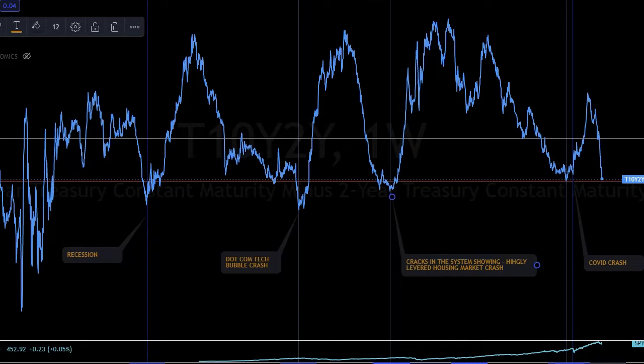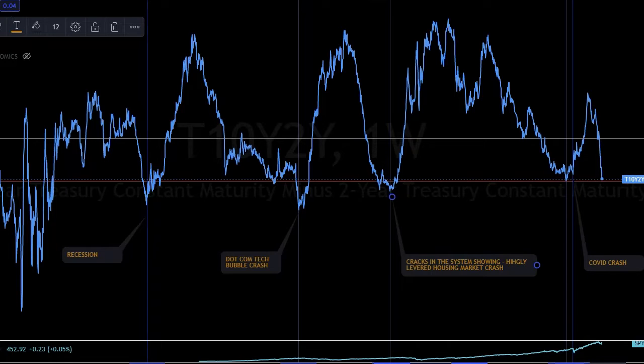When the US 10 and 2 inverts, it simply means that, say you're giving your money to the government, the 2-year investment is going to pay a higher return than the 10-year investment, which in basic economics is fundamentally broken.